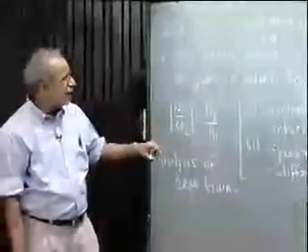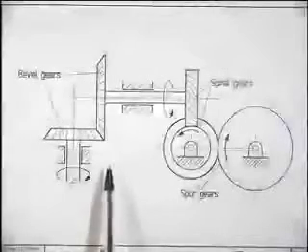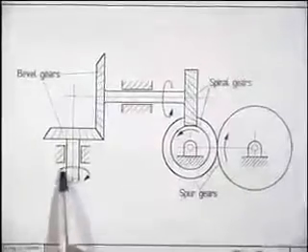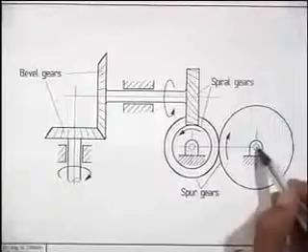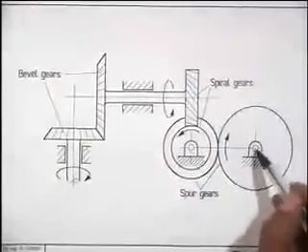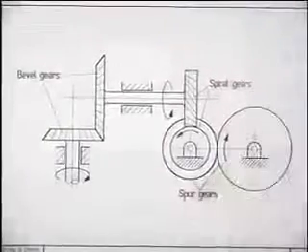Now I will show you a figure of a particular gear train which consists of all kinds of gears. This figure shows a typical gear train. This is the input shaft which is rotating in this direction, and the output shaft is located here, whose axis is perpendicular to the plane of the board or plane of the paper or plane of the screen, that is going like this.